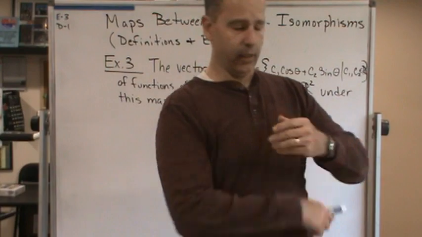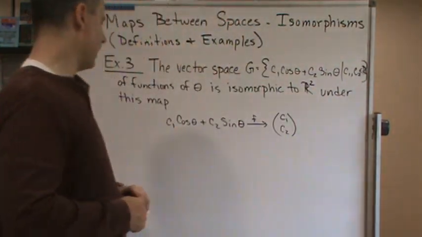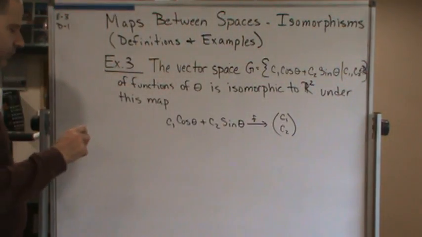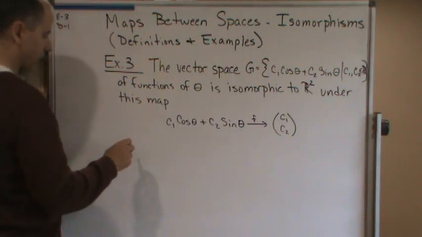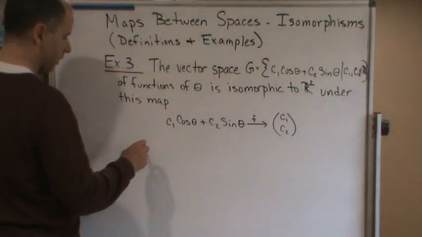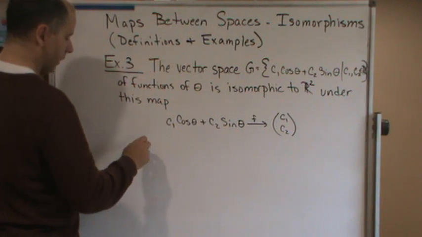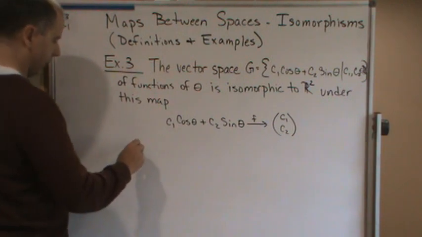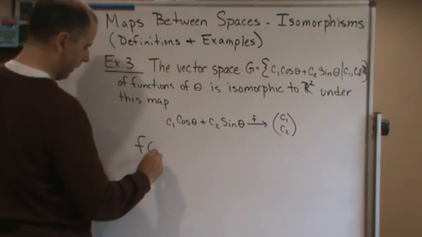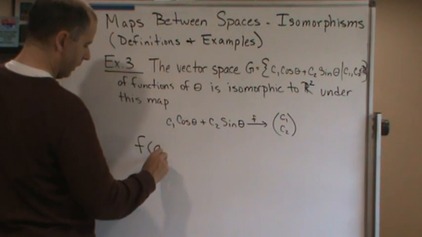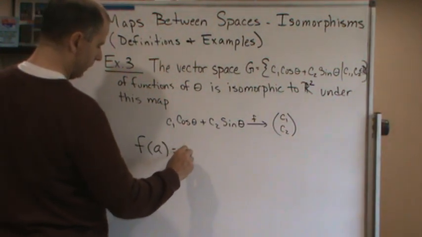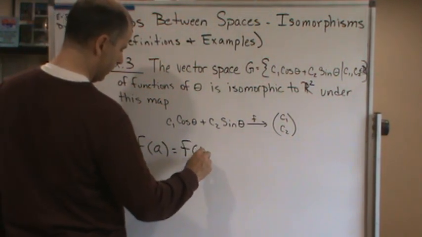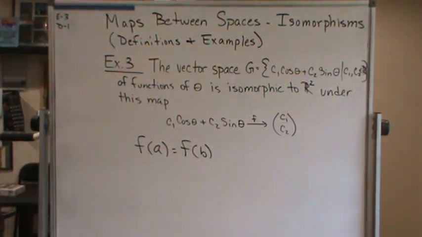Well, or algebraically? Well, we would start by saying, okay, what we're saying is, I'll write it this way. F of A equals F of B. So let's say we have that relationship.